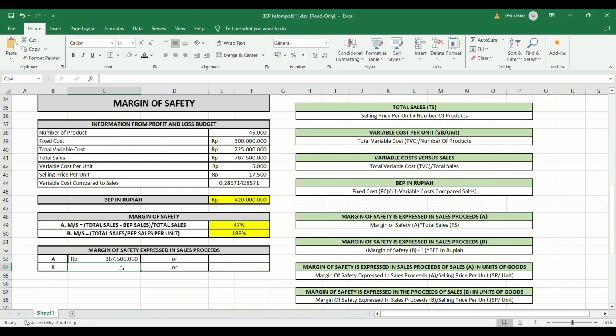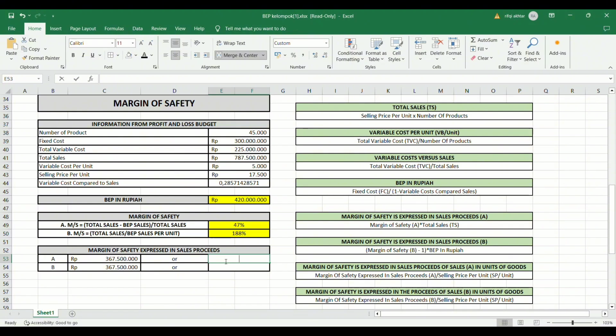Next, equal open bracket margin of safety B minus 1 close bracket multiplied by break-even point in rupiah and then enter.